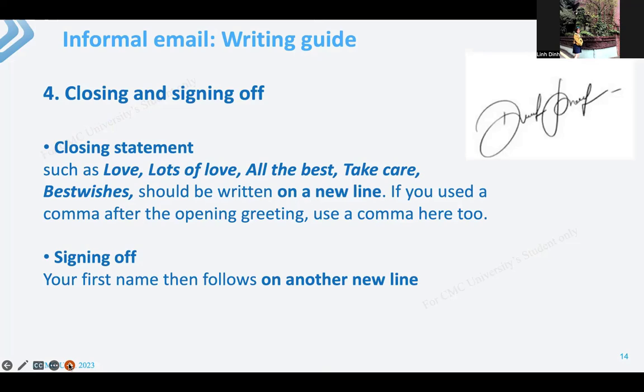If you used a comma after the opening greeting, you also need to use a comma here too. When you sign off with your first name, you need to put it on another new line. So it means closing on one line and then signing on another line.